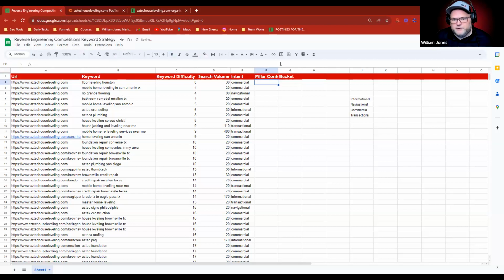And then you have your buckets. A bucket for me is navigational, commercial, transactional, or informational. It's the holding point for my content writers, so I can place the content, get it ordered, and then place it on the website.